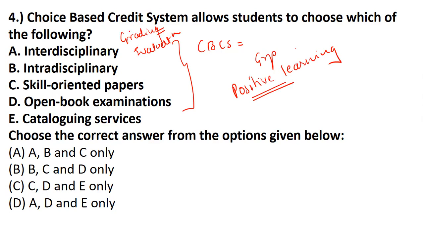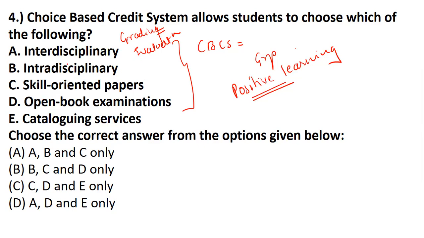Not only this, it offers a certain amount of selection to the students. Now the question is which selection it offers: interdisciplinary, within the discipline, I mean to say, that is intra, and in a different discipline, that is inter, right? And skill oriented.